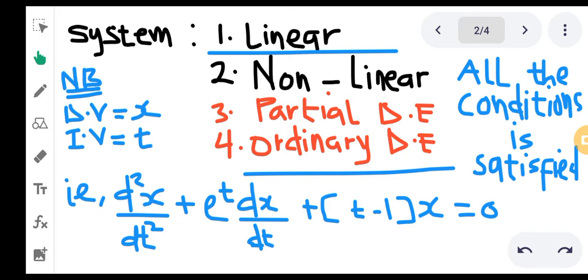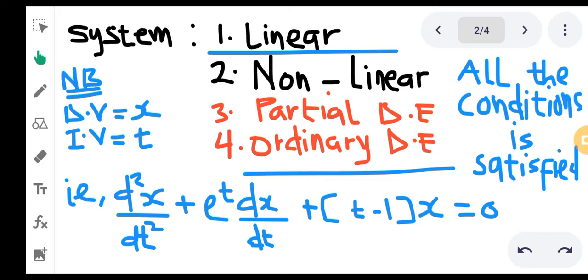We can define an ordinary differential equation as one where the dependent variable, which could be x, y, z, or any variable, depends only on one single independent variable. So here, you know that it is only depending on t, so it's an ordinary differential equation.